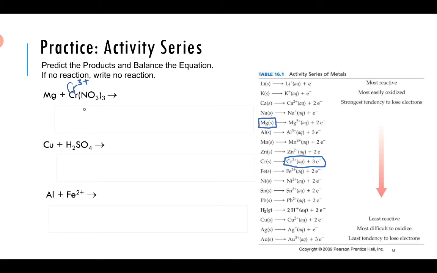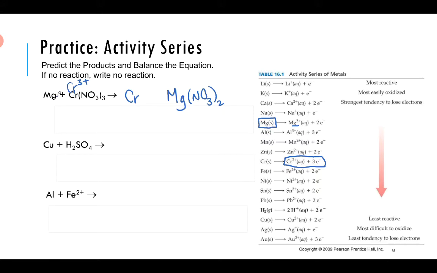And so my chromium 3 plus is going to be getting reduced in this single displacement reaction. And so if this reaction did occur, magnesium would become a 2+ ion. That's why it says 2+ over there. But nitrate's a 1- ion, and so I would need 2 nitrates if this reaction occurs. But let's discuss whether it does occur or not.